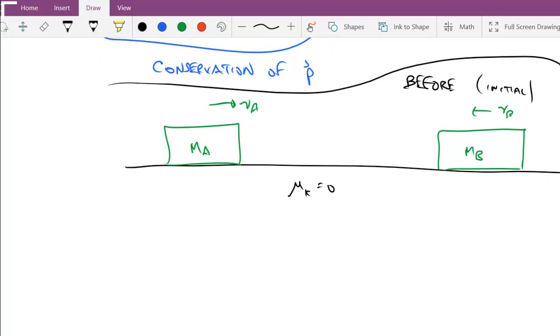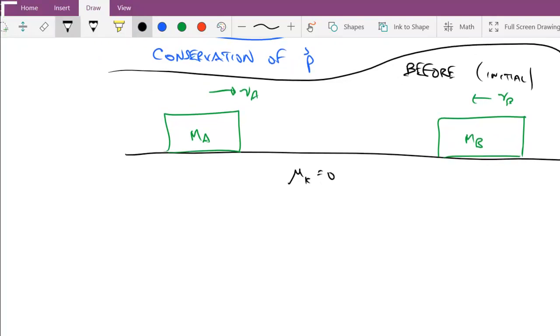So our initial momentum is equal to the mass of A times the velocity of A plus the mass of B times the velocity of B. I'm going to put all of this in parentheses and put an I here for initial. So the initial momentum is simply the momentum of the system before the collision.